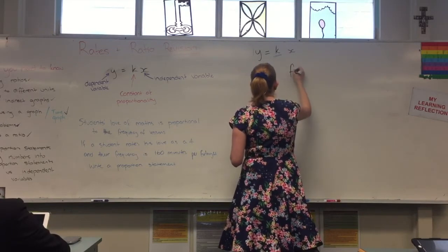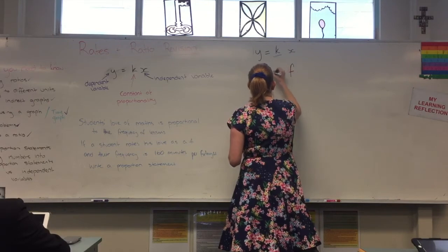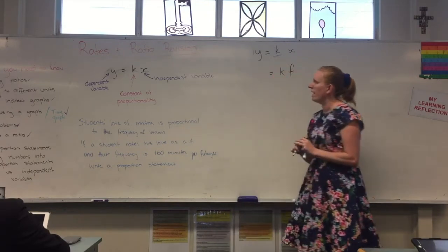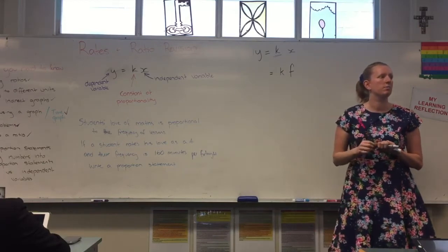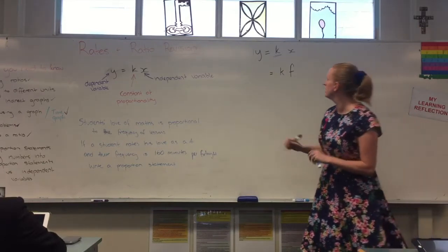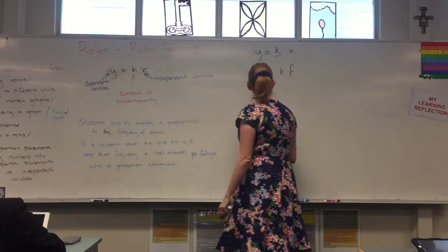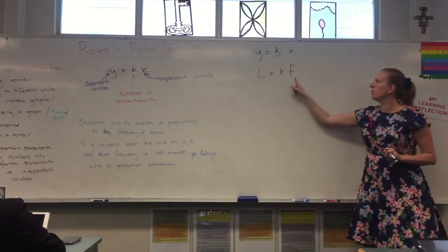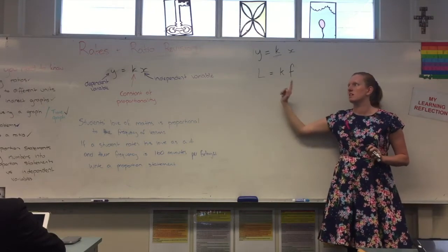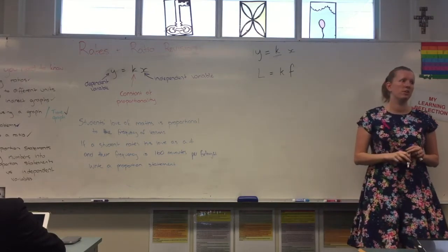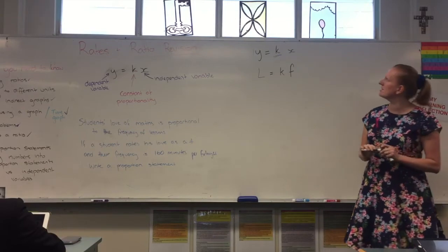We'll call that F. We don't know what K is yet. And what would be our dependent variable? Which one changes depending on the other? Love. So we'll call it L. So the more often they have maths class, the more they love it. The less often they have maths class, the less they love it, which is totally true. I know you guys love having me for double periods.